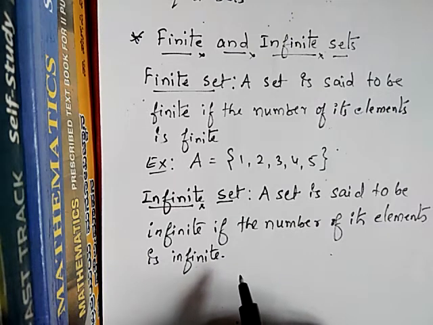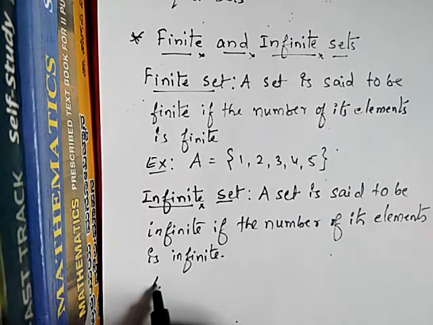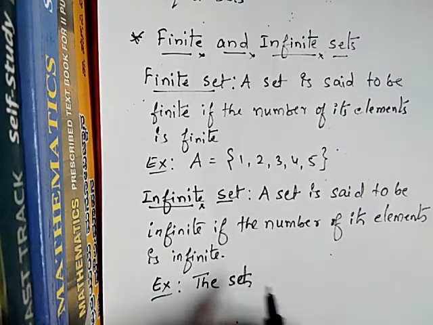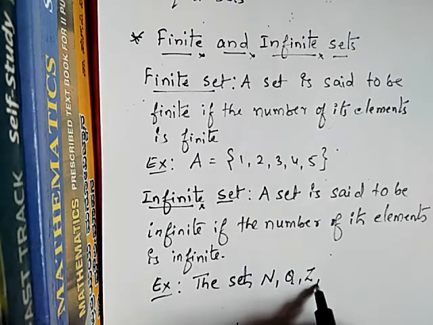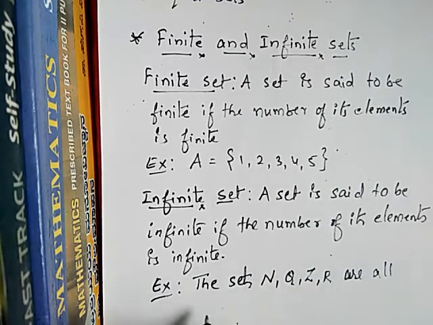That is, if we count the elements in the given set one by one, the counting never comes to an end. For example, the sets N natural numbers, Q rational numbers, Z integers are all infinite sets.